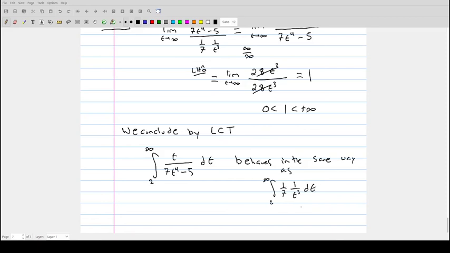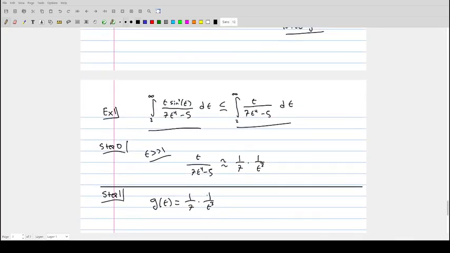And this converges because it's a p integral with p greater than 1. So because this converges, that means that this converges, which by a direct comparison means that this integral right here, the improper integral that we started with, also converges.